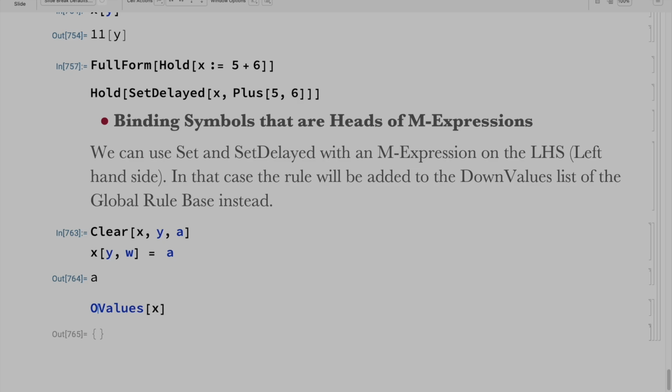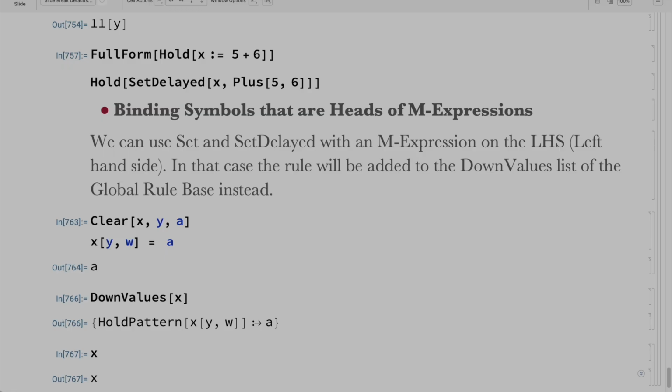However, if I look at the down values of x, I see the pattern here. I see the M expression where x is the head, and the whole expression is bound to a, so that if I type in x by itself, nothing happens because x doesn't have an own value.